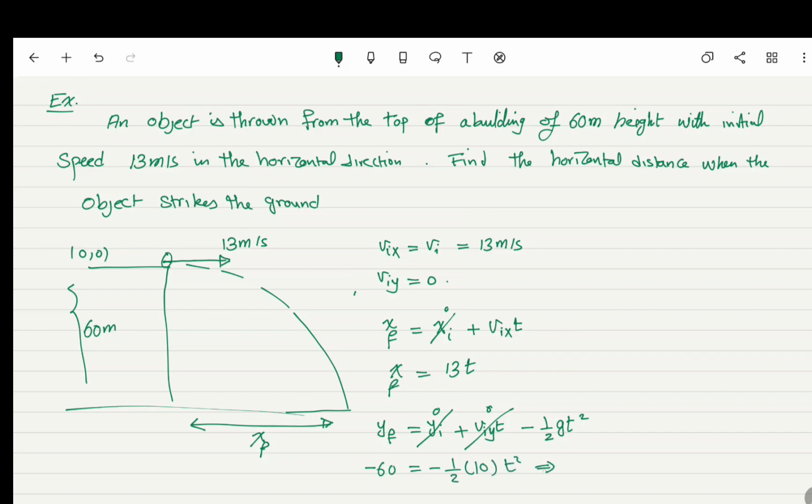From this, we can calculate the time t, which equals 3.5 seconds. If we substitute this time back in this equation, you will find x final equals 13 multiplied by 3.5 seconds, which equals 45.5 meters.